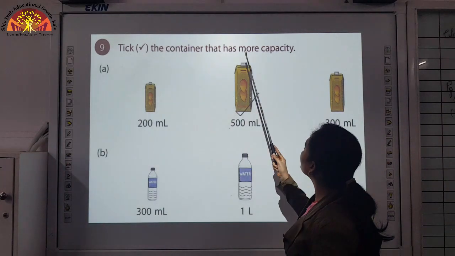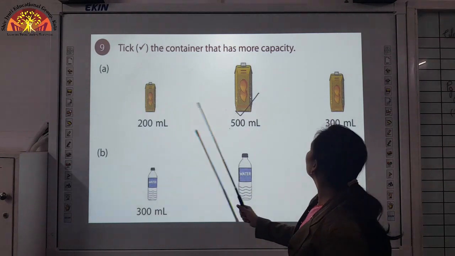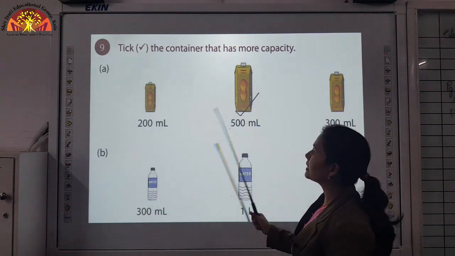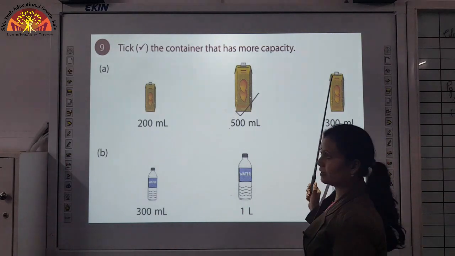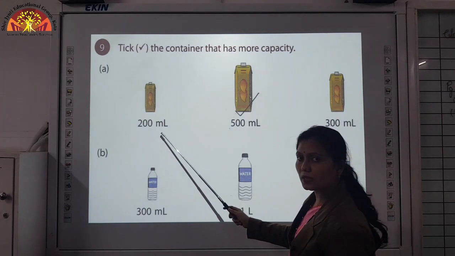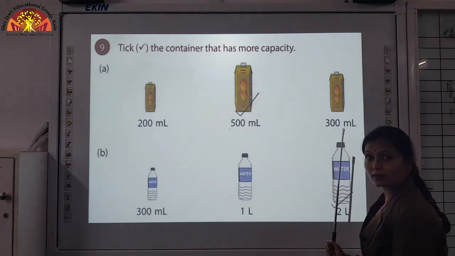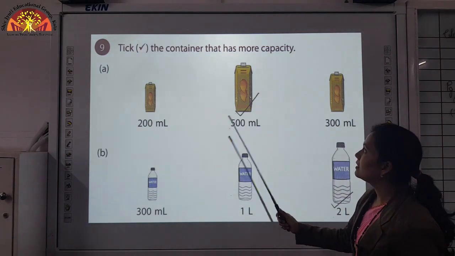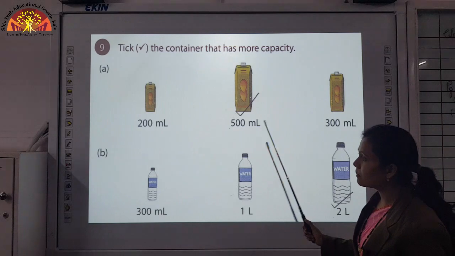Check the container that has more capacity. Okay, here we have to see which container has more capacity, right? We have to tick that container. This is 200 milliliter, this is 500 milliliter and this is 300 milliliter. So you can see that 500 milliliter has more capacity, right?